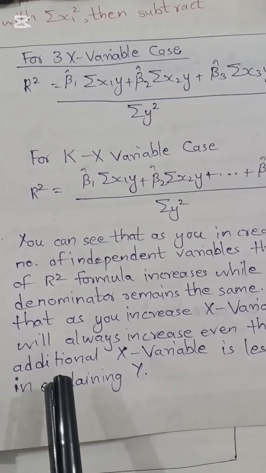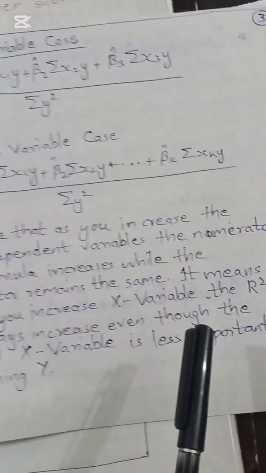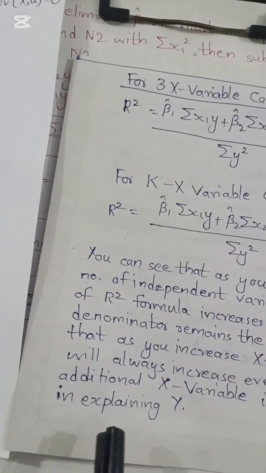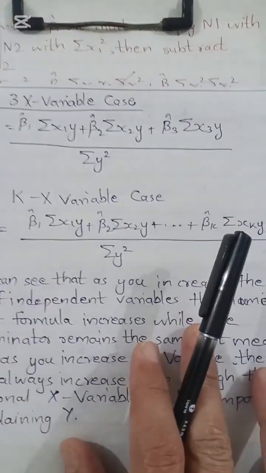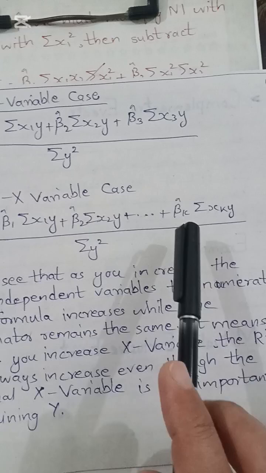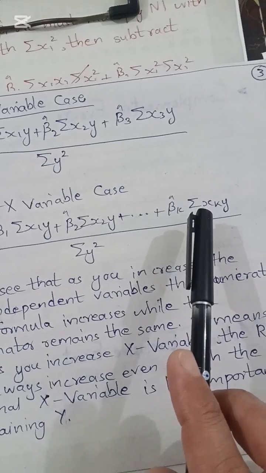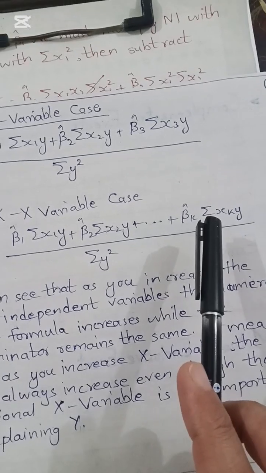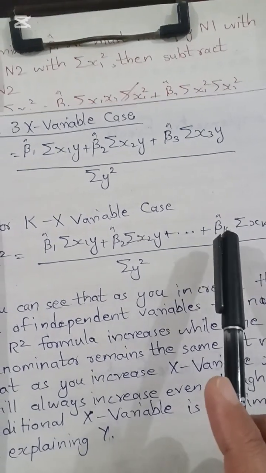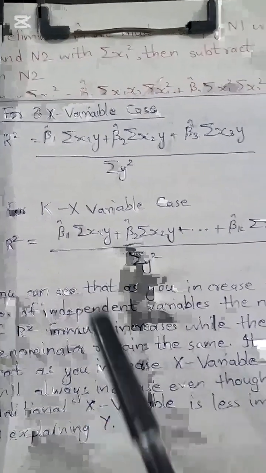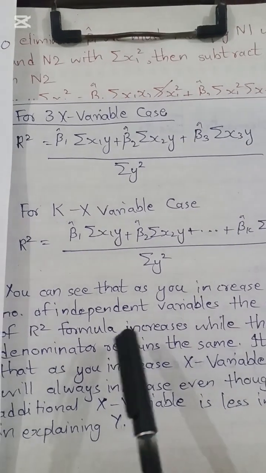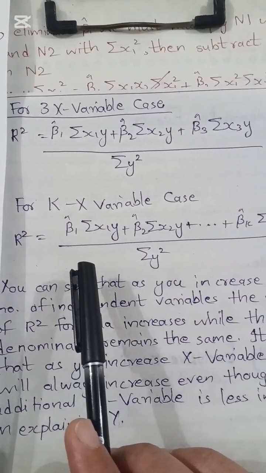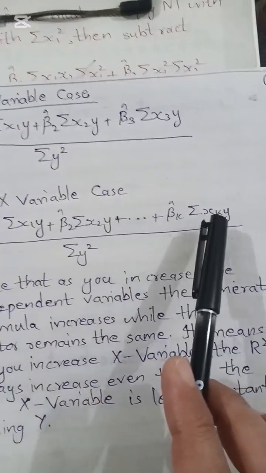So while the denominator remains the same, it means that as you increase x variables, the R square will always increase, even though the additional x variable is less important in explaining y. It means that even if the xk variable is less important, the R square will always increase. So this is the property of R square, that R square is a non-decreasing function of additional x variables.